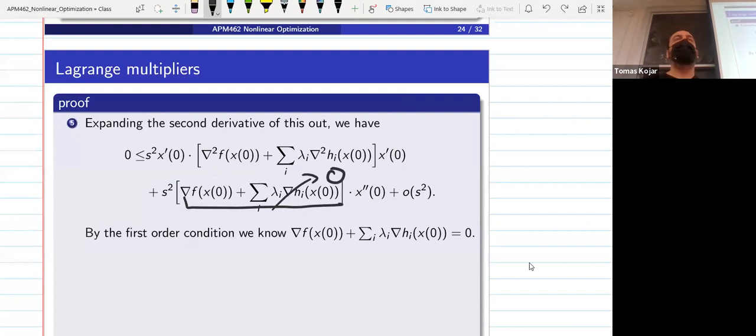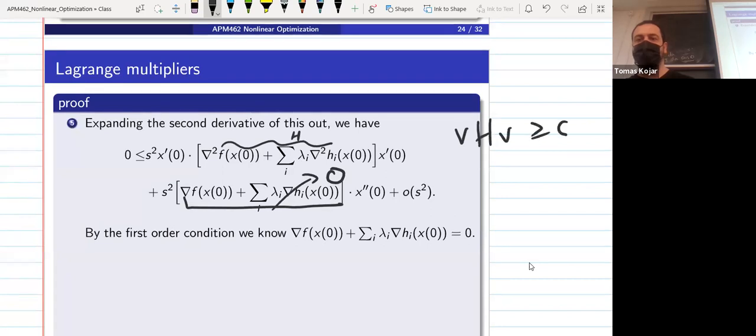So can someone tell me why I am done? I wanted to prove that, calling this the Hessian, v transpose times the Hessian times v is non-negative for all v in the tangent space of x naught.